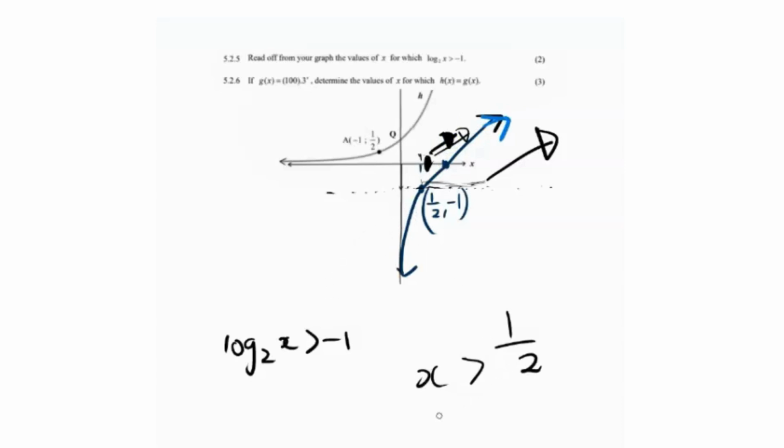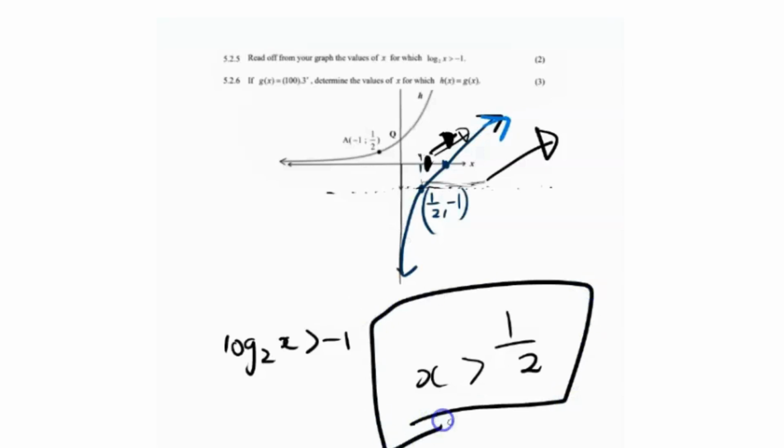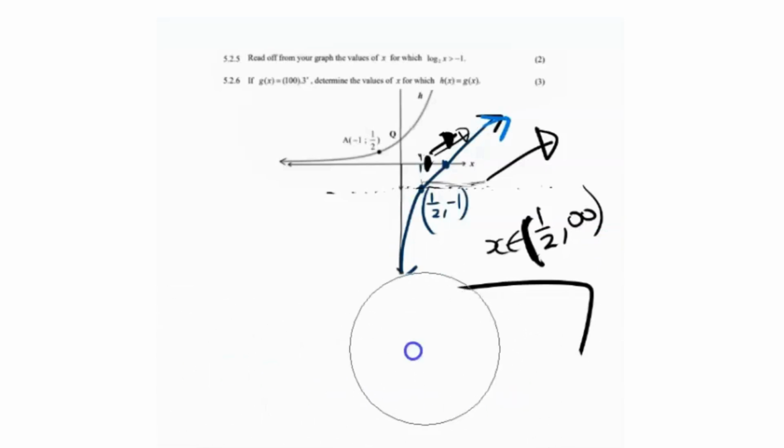So remember, for you to write it like this, from x up until positive infinity, you can just write it as x is an element of the real numbers. Since it's not included, it goes from this point to positive infinity. So yeah, that's right. Let's proceed to the next one.